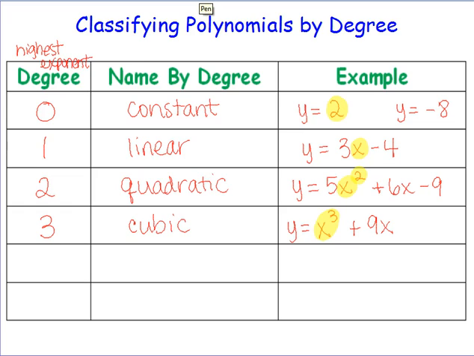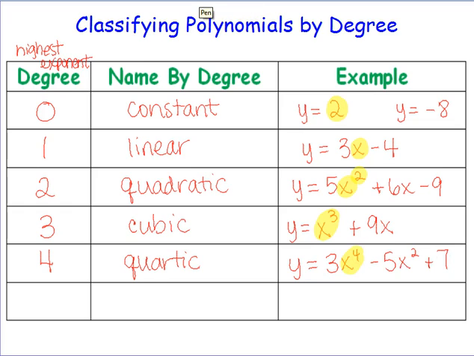When we move up to degree 4, we get into what's called a quartic function. It must have an x to the 4th. So 3x to the 4th minus 5x squared plus 7. I don't care what else is there. You must have that guy.